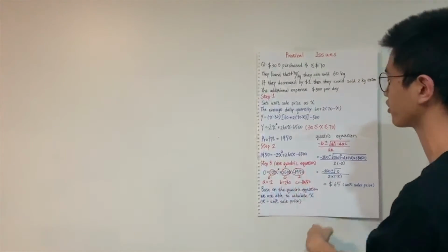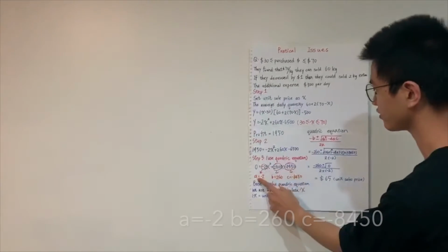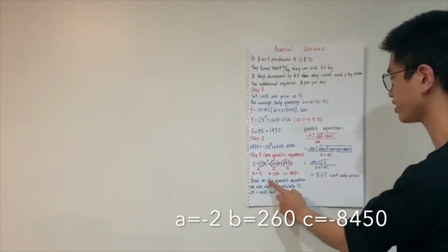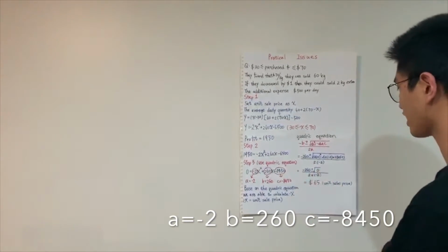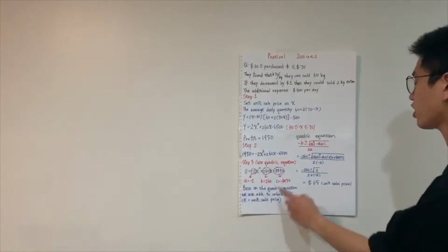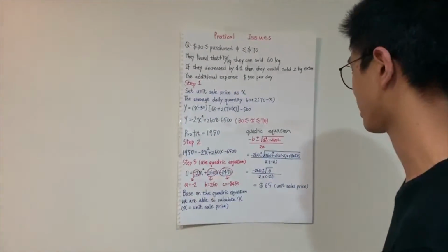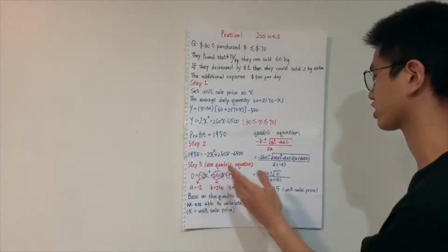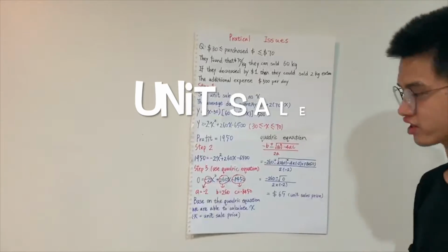This function can be solved using the quadratic equation, where A equals minus 1, B equals 216, and C is negative 8,450. Then I calculate it out, and the answer is a unit sale price of 65.